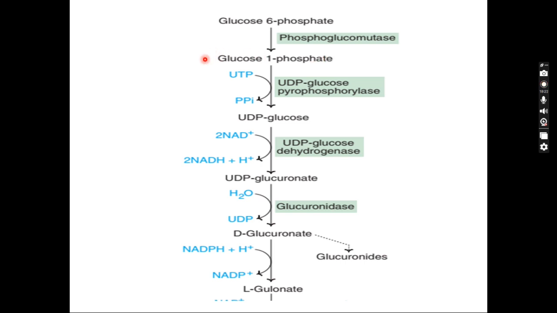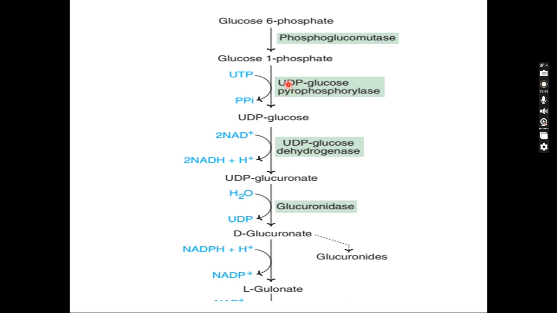We can see that there is just a change in the position of the phosphate group from position 6 to position 1, by this enzyme, the phosphoglucomutase.